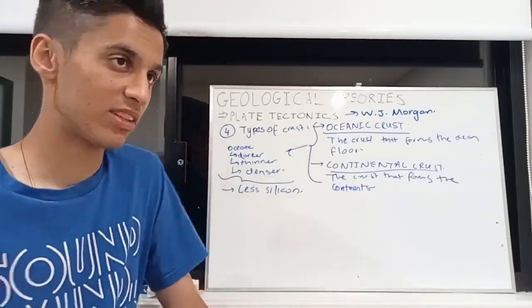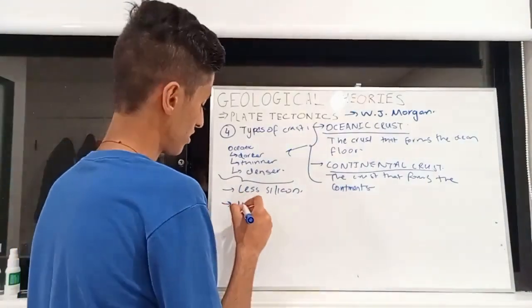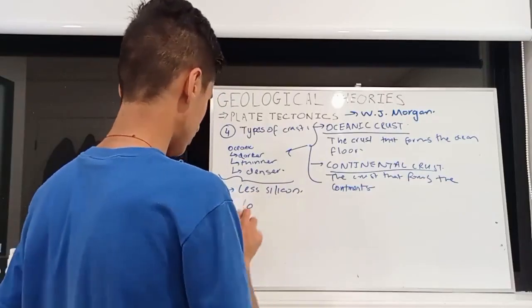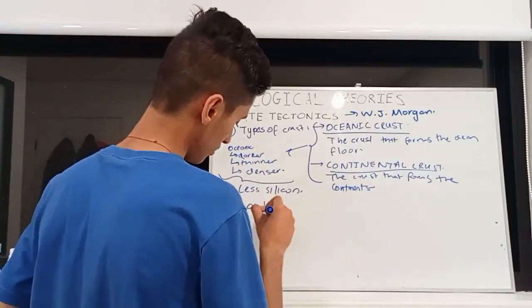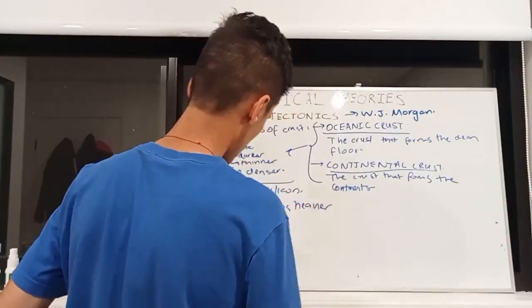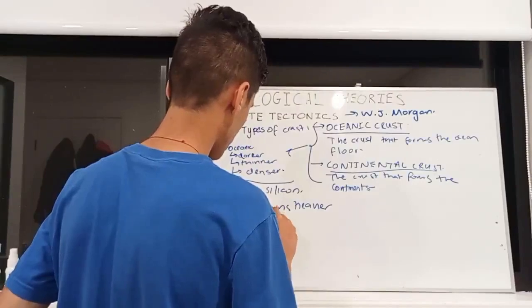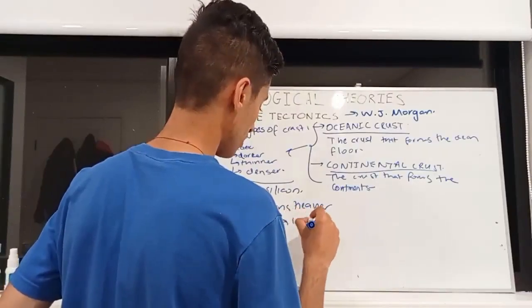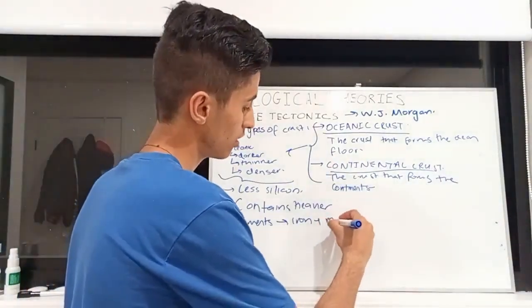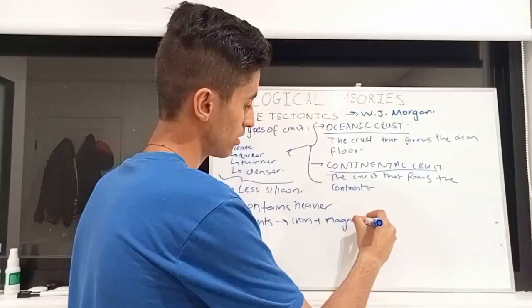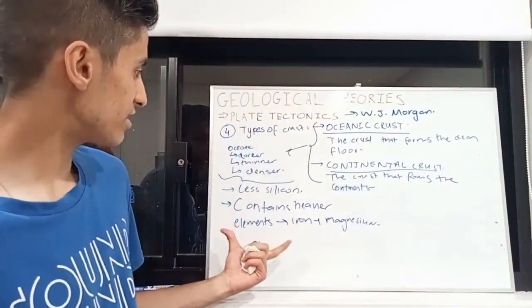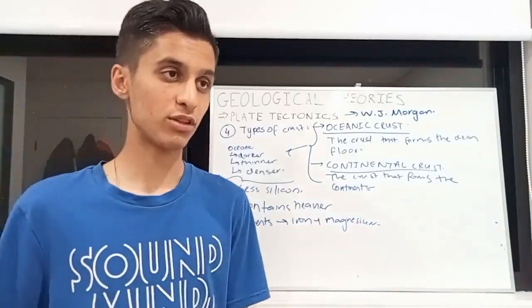It has heavier elements such as iron and magnesium. There we go. So this is what separates oceanic crust from continental crust.